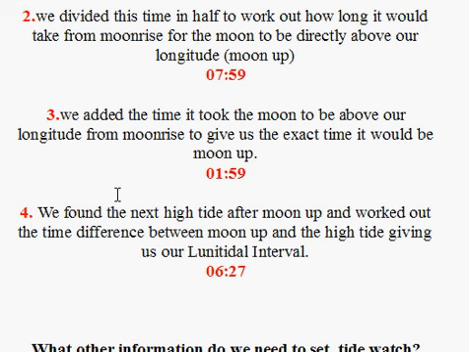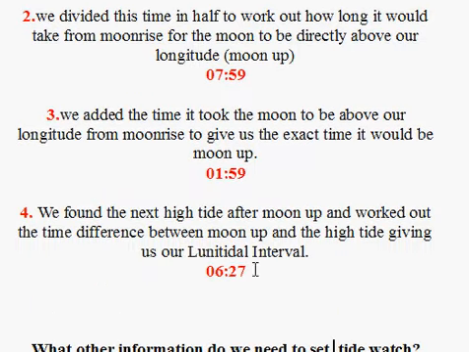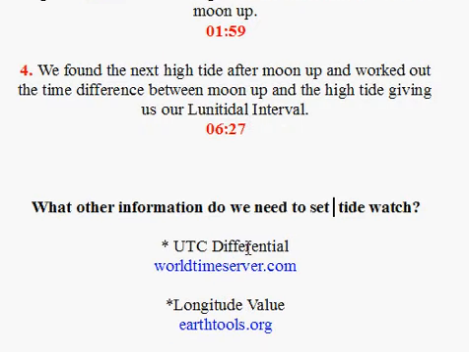The fourth thing we done was we found out the next high tide after moon up and worked out the time difference between moon up and high tide, giving us our lunitidal interval. So 6 hours 27 minutes is the difference between 1:59 and 8:26, which give us our lunitidal interval of 6:27.